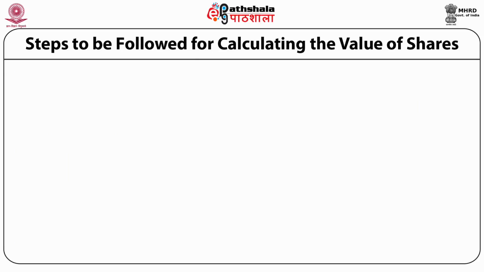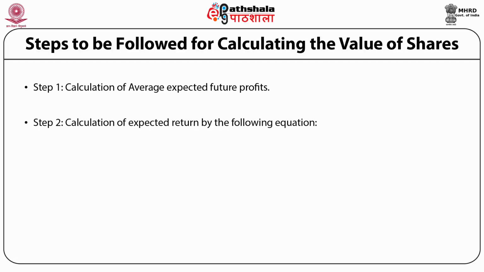The following steps may be followed for calculating the value of shares according to the yield method. Step number 1. Calculation of average expected future profits. Step number 2. Calculation of expected return by the following equation.